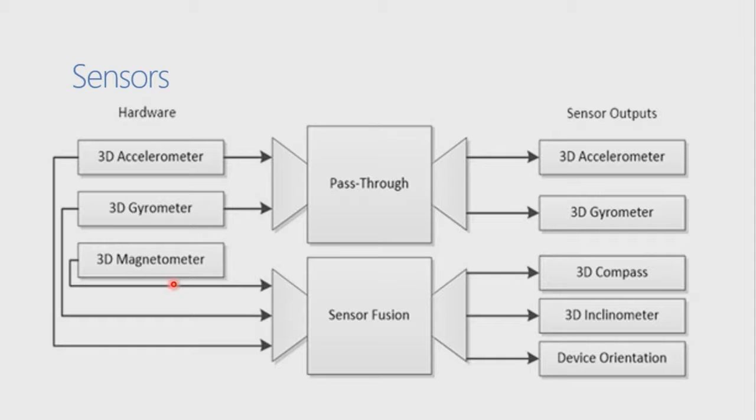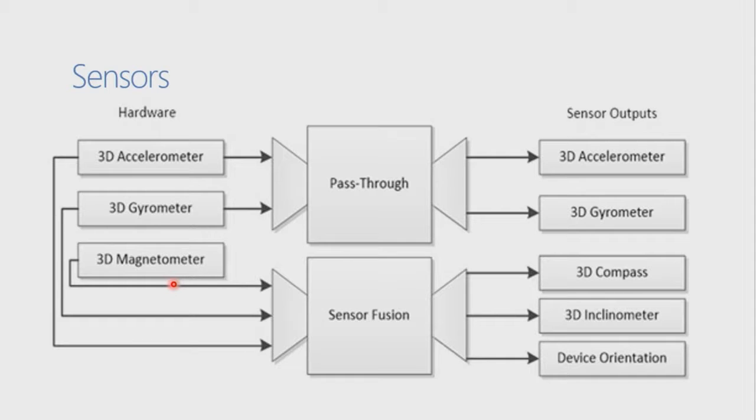But these things are relatively difficult to talk to. So what Microsoft did is they hired people with PhDs that I can only dream of, people with more degrees than Fahrenheit, to figure out how they can combine these hardware sensors into things that make sense for us app developers. What makes sense to us, as opposed to a magnetometer with some relatively complex raw output, is a 3D compass.